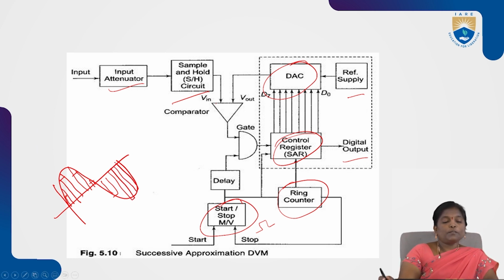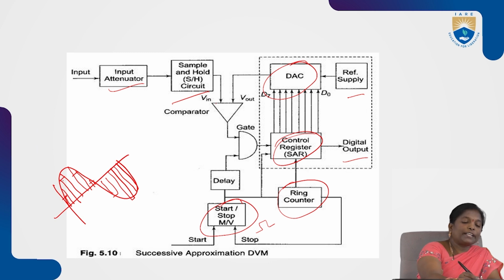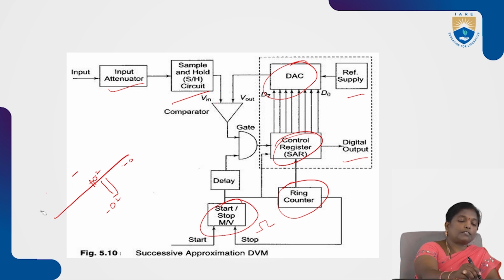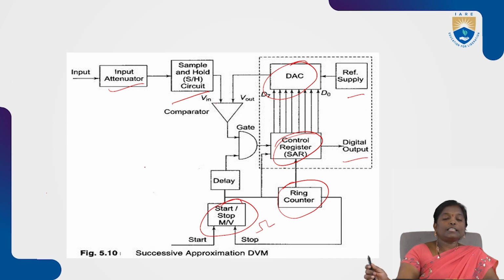In this case, the input signal amplitude levels are maintained as constant. At this point the input signal is 0.2, next instant 0.4, then 0.4, 0.2, minus 0.2, minus 0.4, minus 0.4, like that. The input signal is held at a certain voltage level so that we can compare the input signal with the output signal without any loss or distortion. That is the purpose of the sample and hold circuit.